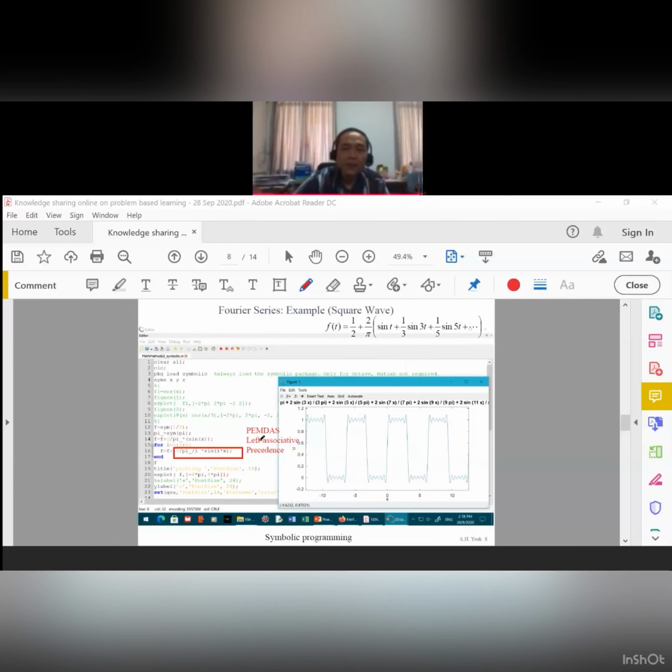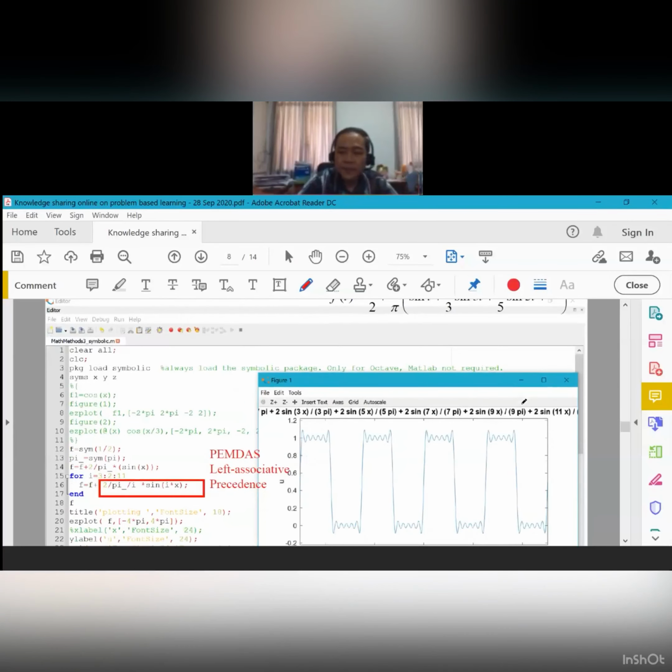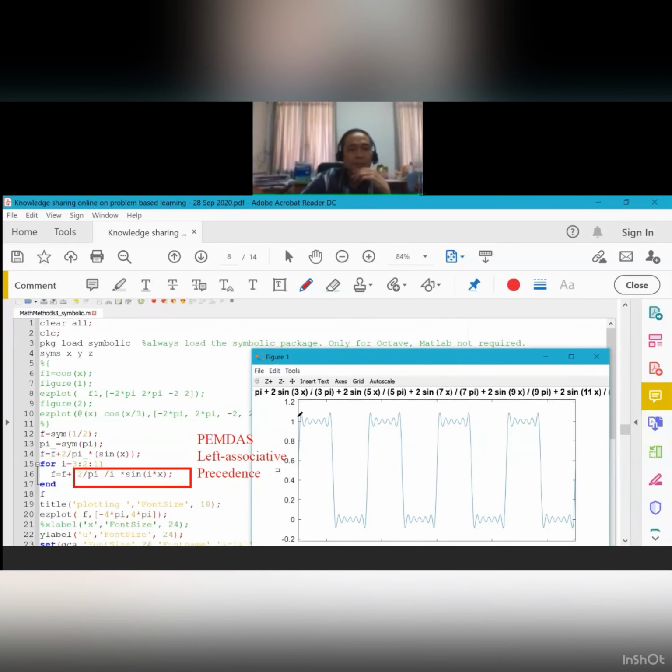For example, even though the subject is Mathematical Methods 3, it does no harm for us to discuss something about this. For example, f equal to f plus 2 over pi. Let me enlarge this a bit. We discuss some things behind this syllabus.